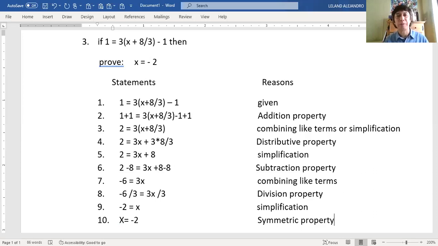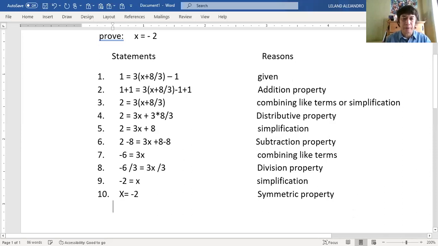If you remember symmetric property, if A is equal to B, then B is equal to A. So in this case, in number 9, you have if negative 2 equals x, then we shall be able to write that x equals negative 2, which is the required conclusion. So at this point, it's already proven. Okay. And that will be for our example number 3.